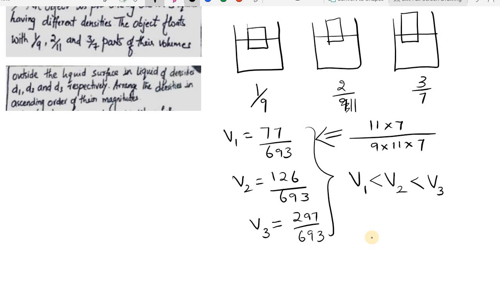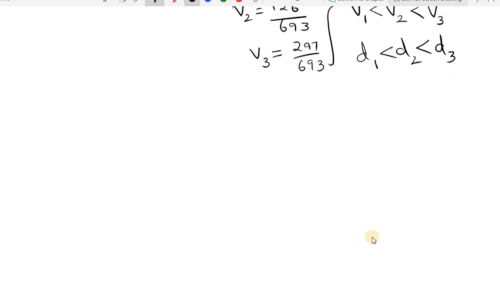So the upthrust is more, that would mean that the density is more. So from that I can easily say that D1 is less than D2 and D2 is less than D3. So I have arranged them in ascending order. I hope you understood this one.